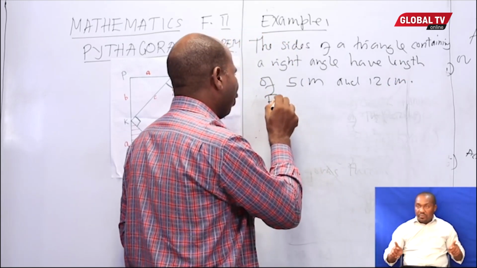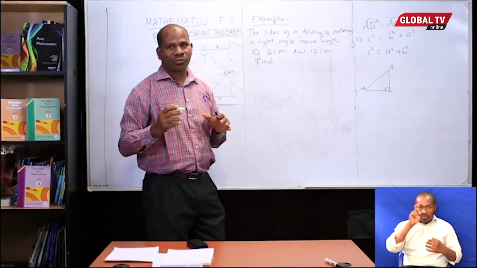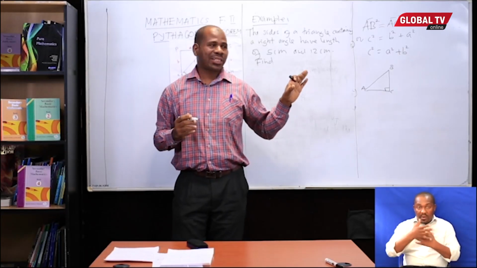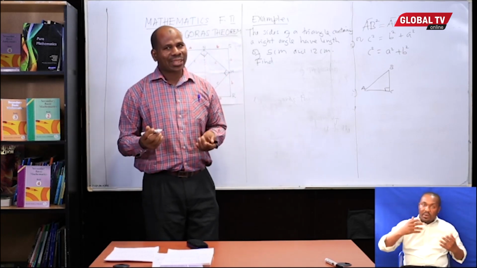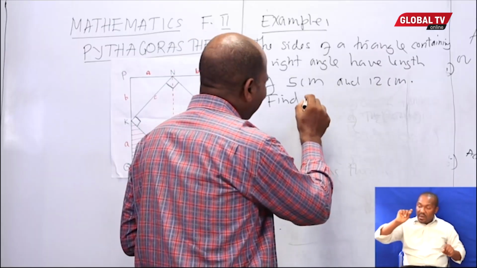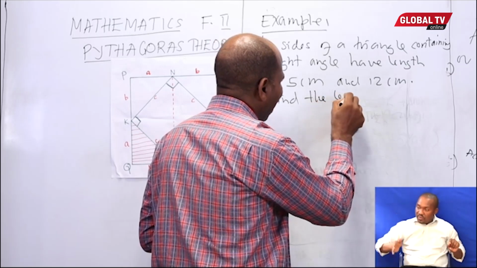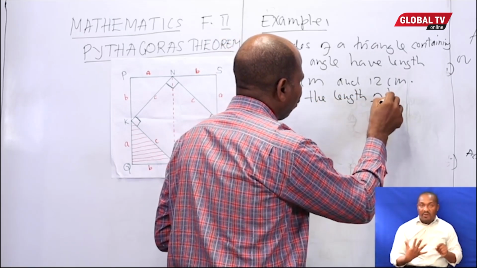Question: find the length of the hypotenuse. We have a triangle with 3 sides. The 2 sides are given, so we need to find the length of the other side, which is the hypotenuse.